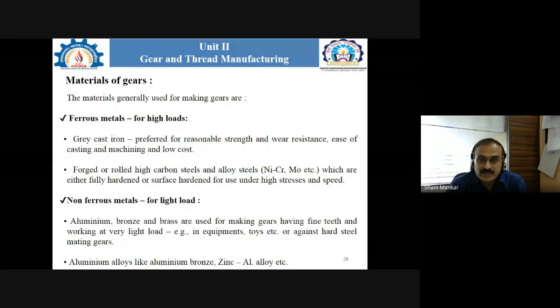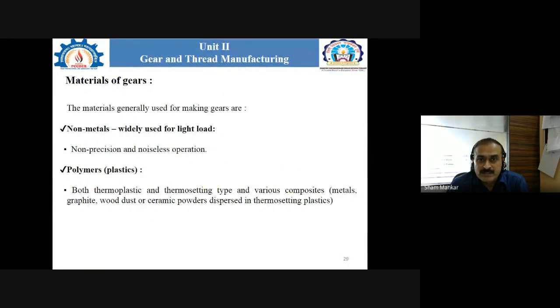Ferrous metal is there, and according to the loading conditions we decide how to use that ferrous metal. Then non-ferrous metal likewise. Among the non-metals, polymer or plastic is one of the important materials normally used to manufacture gears.